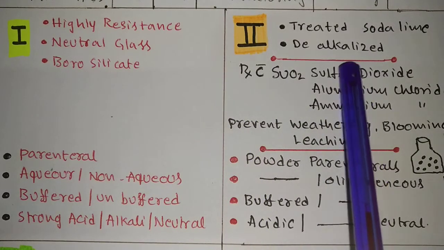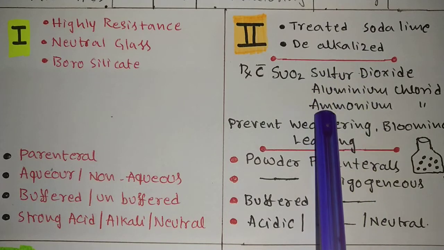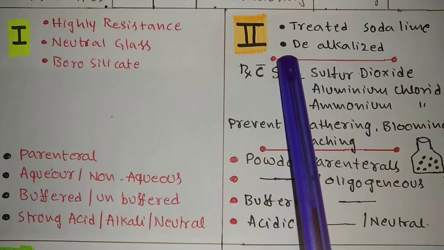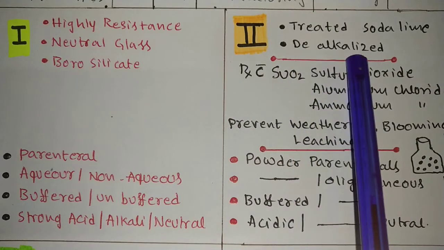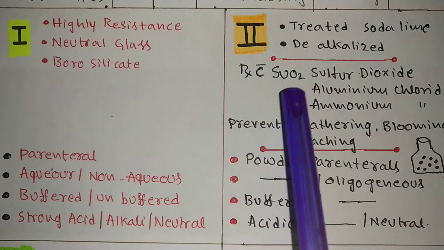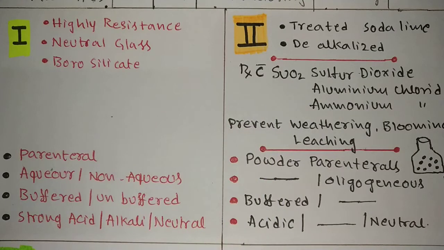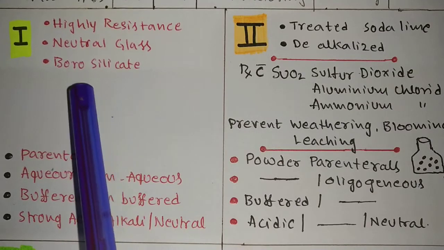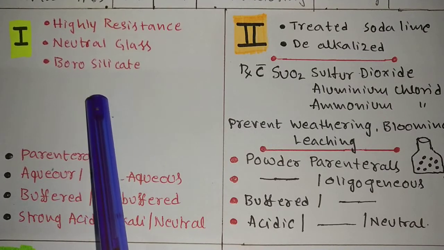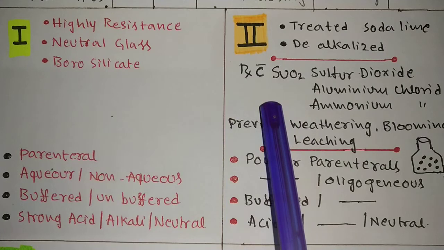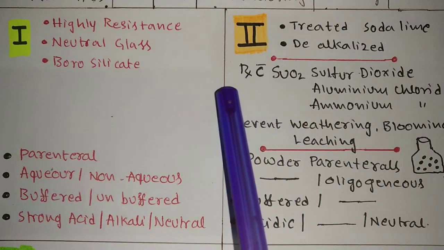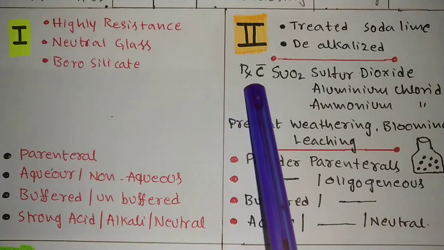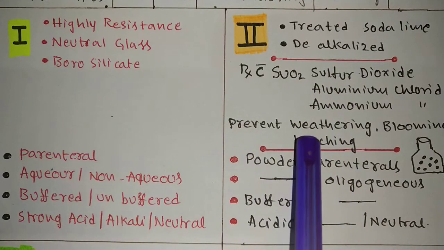These three chemicals appeared in our old question paper. A question like how you are going to neutralize or dealkalize the type 2 glasses appeared in the old question paper. In this type also we add boron to the glass material while preparing the glass bottles, but after preparation of the glass bottles we treat them with these chemicals. If you treat with these three chemicals, we can prevent the problem of leaching.